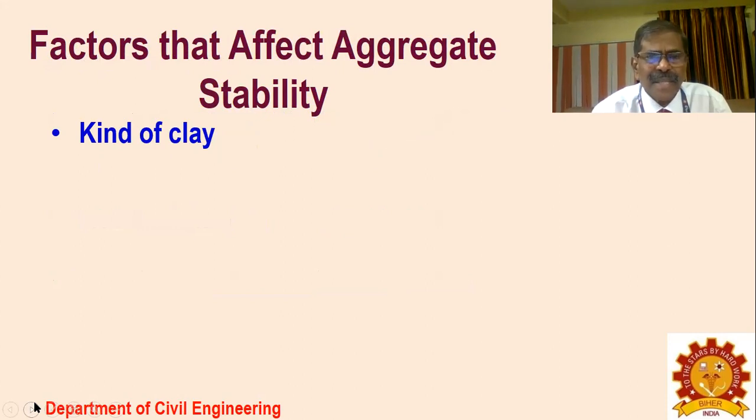Then the stability of the soil mass, because of the clayey nature, is very much affected by the presence of water content in the clay, because clay can retain a large amount of water. Because of that, the behavior of the soil itself is very unexpected, or you will predict it very wrongly.